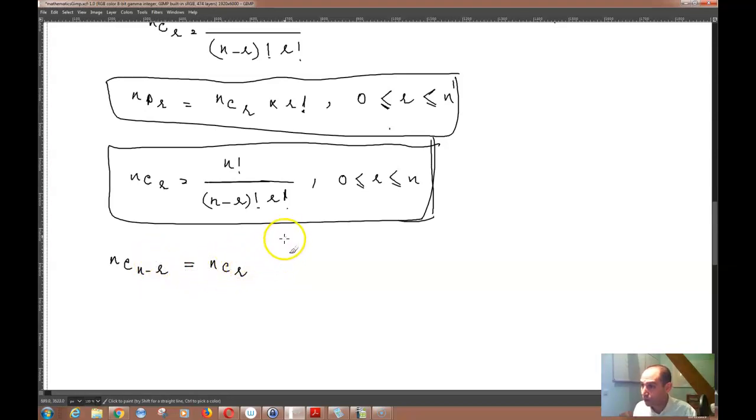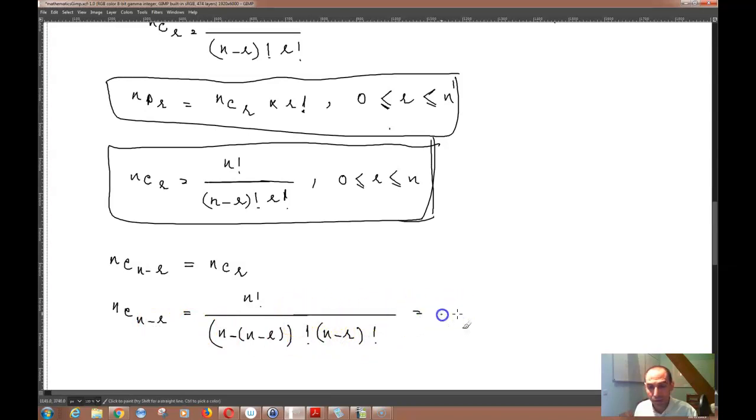How you can calculate that, of course, is that n combination n minus r is the same thing as n factorial over n minus r factorial times n minus n minus r factorial.